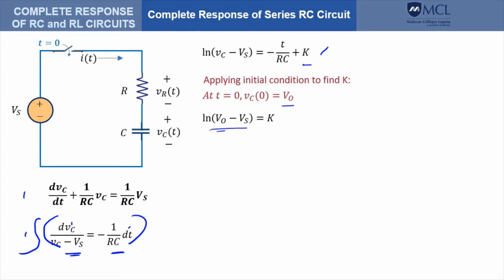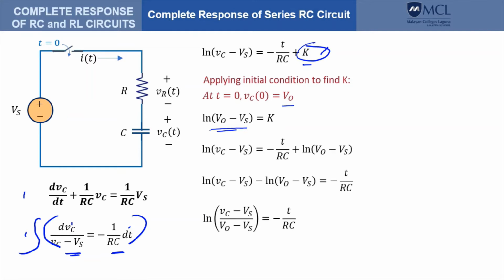Then we use this value and replace this k here. That will give us something like this. So this is our new equation. We transfer this term to the other side, and that will give us this equation.